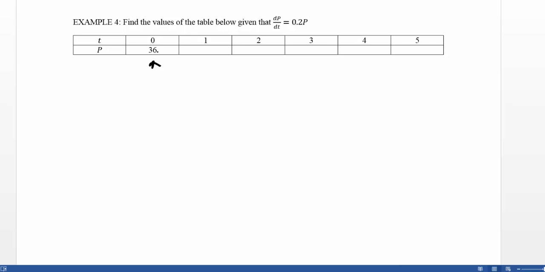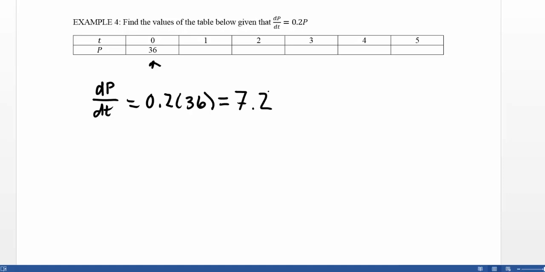So at time equals 0, my P is 36. If I plug 36 into my differential equation, dP/dt equals 0.2 times 36, if I multiply those together, I get that my derivative is 7.2.